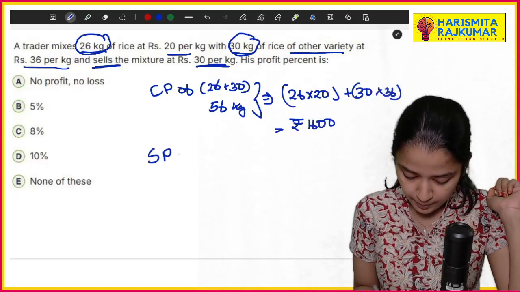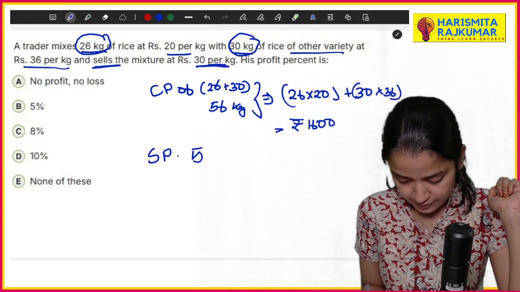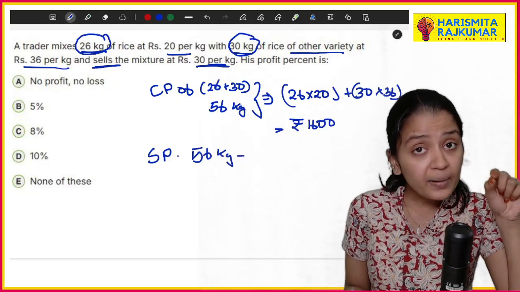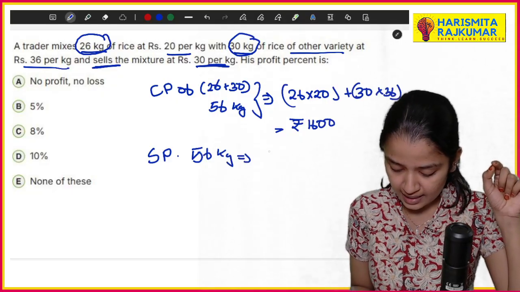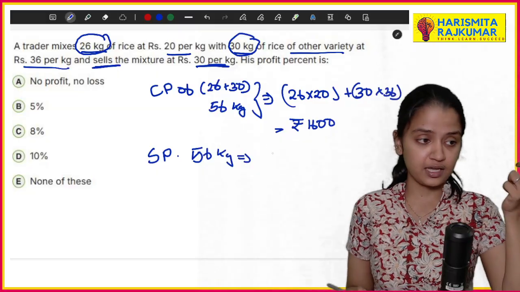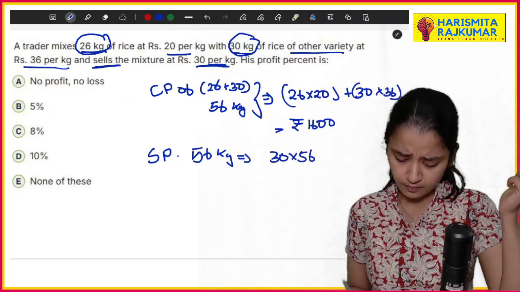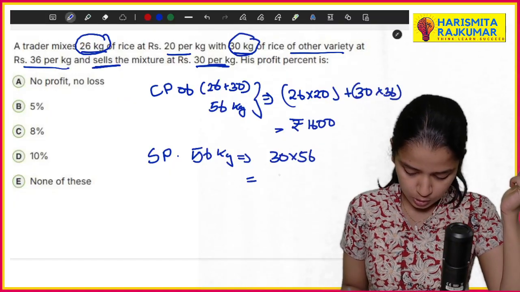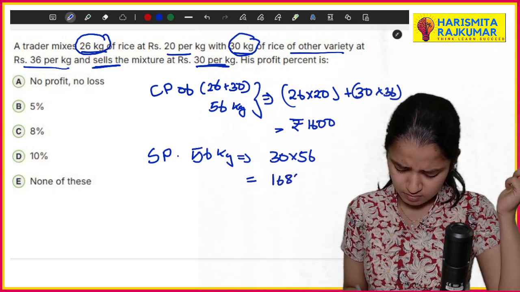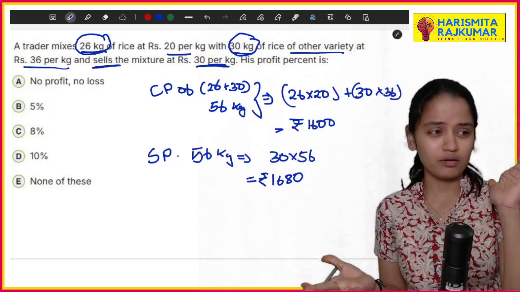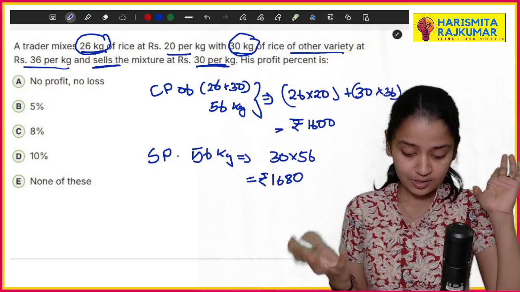So the selling price of the 56 kg mixture is 30 into 56, because it is 56 kgs. If I work it out, this will be 1,680, which is 80 rupees more than the cost price.